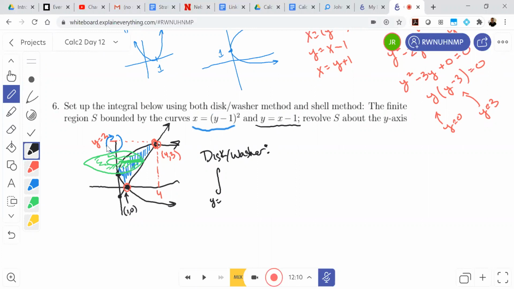And that is explicitly y goes from 0 up to 3 of pi times the big radius squared minus pi times the little radius squared.